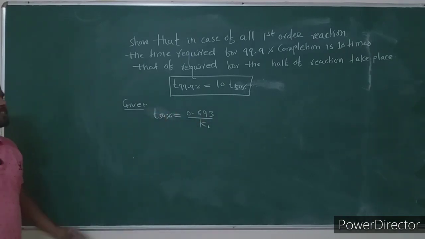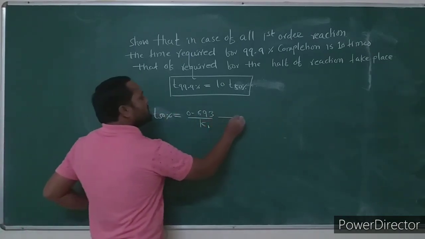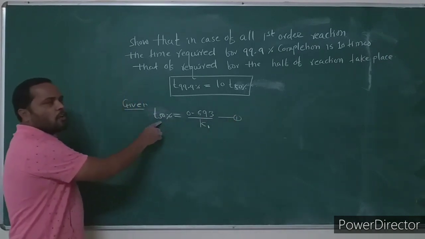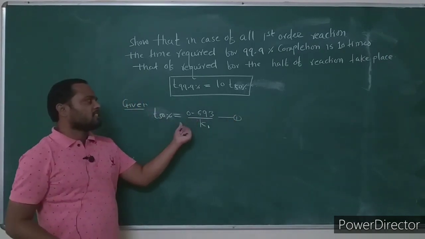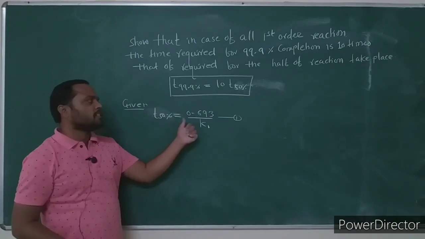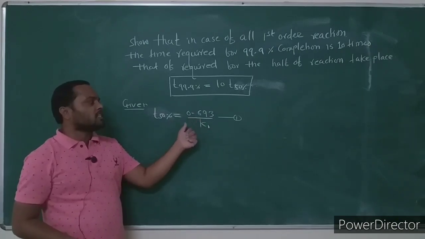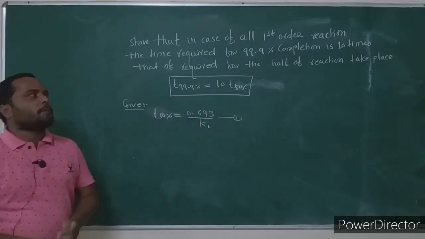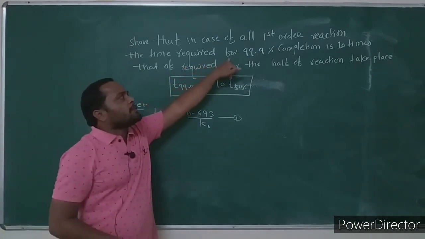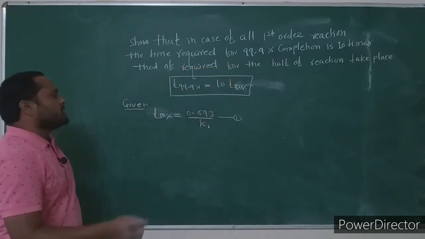This is equation 1. T 50%, T half, is equal to 0.693 divided by K1.